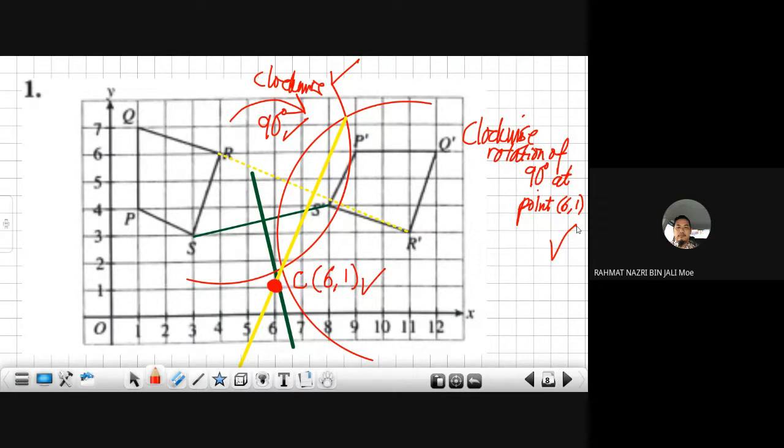Okay, the last question this time. 12.5. Question number 2. Is this finished? Finish? Question number 1, finish?